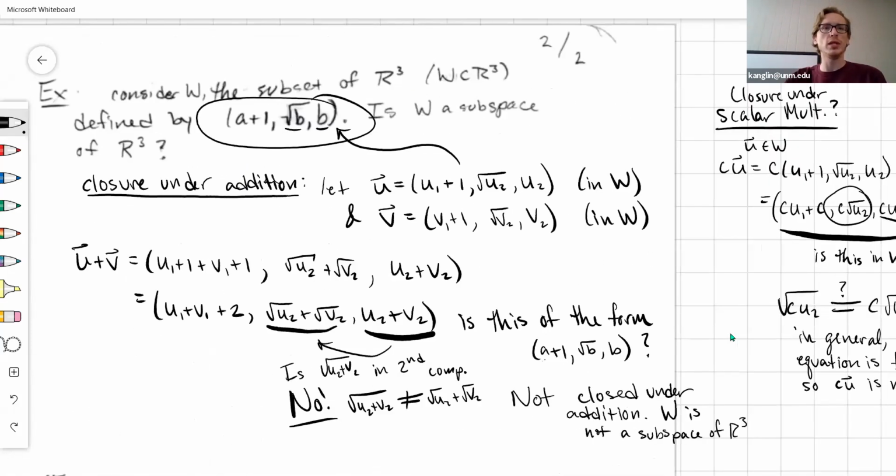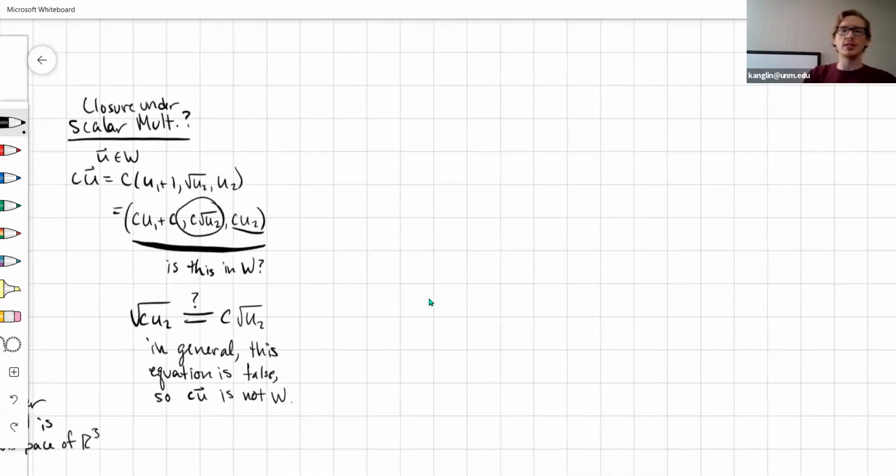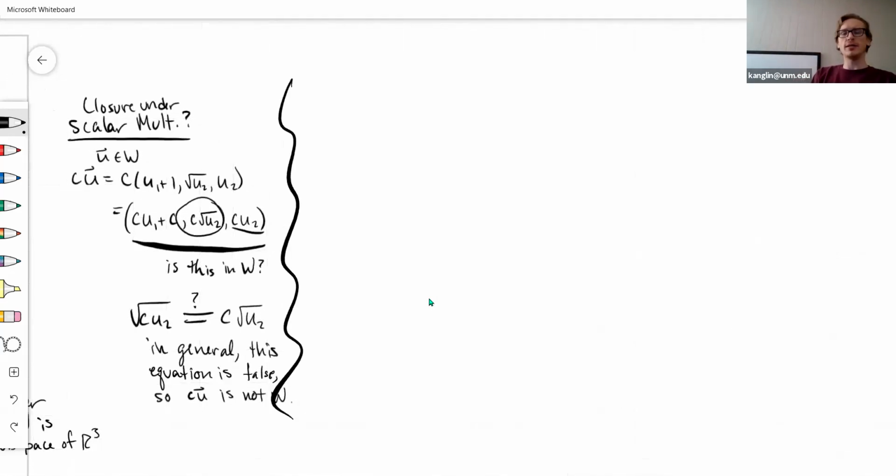Before we go on to the last example I had here, I want to move over and actually do another one similar to what we just did. What if we look at letting W be the subset, not necessarily subspace. I'm going to ask if it's a subspace.